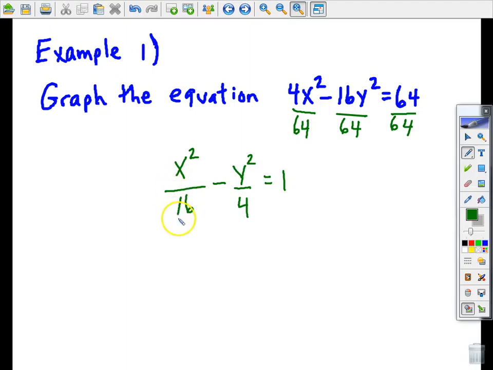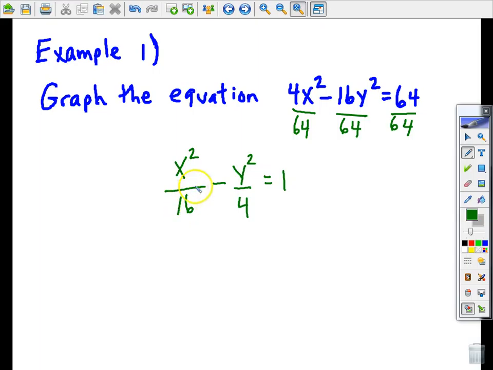The first one is always called a squared. The second one is always called b squared. Here's what does change from one hyperbola equation to another. It's these numerators. And the location of the numerators is important. It's good information to tell us how this graph is actually going to look.